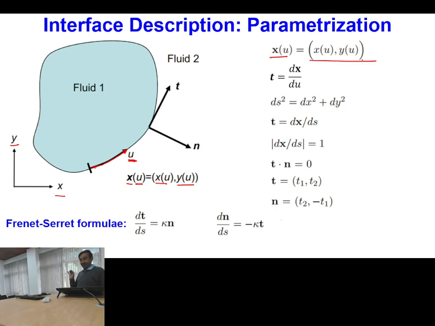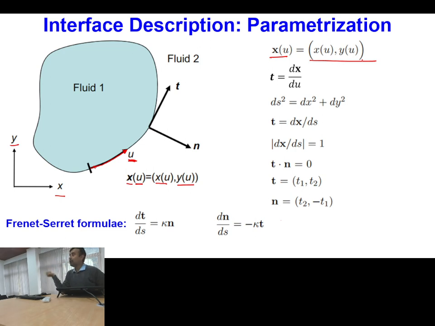Now when you define the interface mathematically, the interface definition itself does not serve the purpose, because ultimately, along with defining the initial location of the interface, you also need to evolve this interface with space and time.